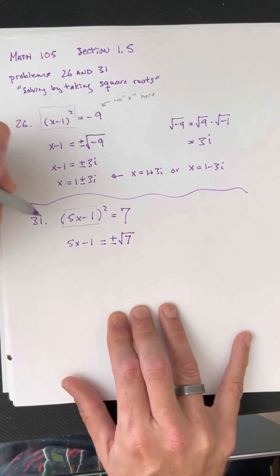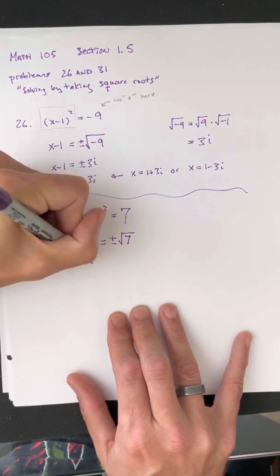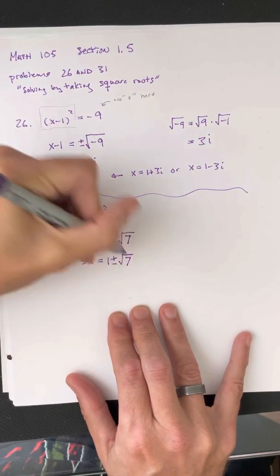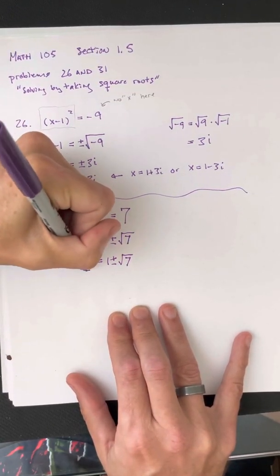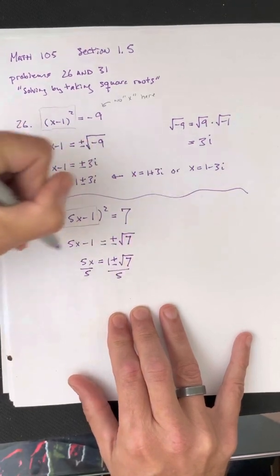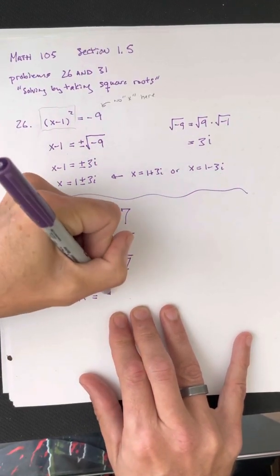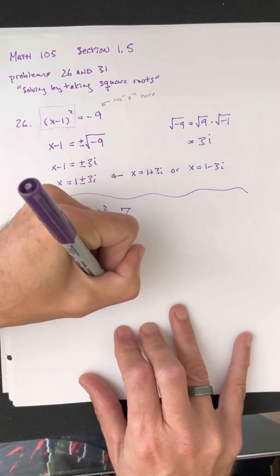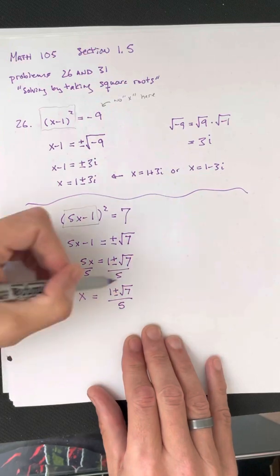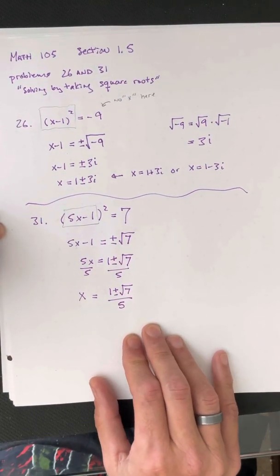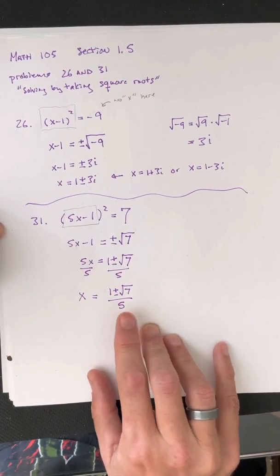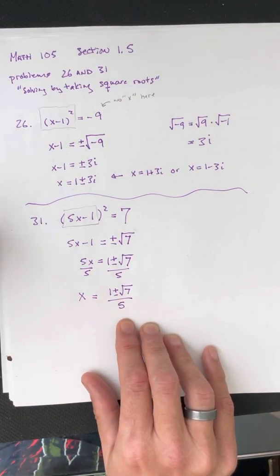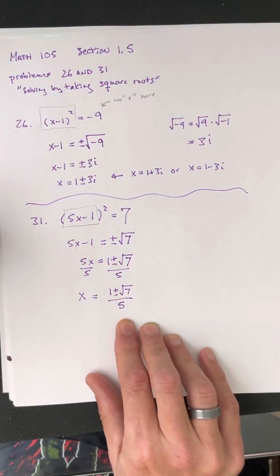I want to solve for x now, so I add 1 to both sides, and then divide both sides by 5. So x is 1 plus or minus the square root of 7, over 5. And you notice this kind of answer, 1 plus or minus the square root of something over a number, reminds me of a lot of what you get if you plug numbers into the quadratic formula.